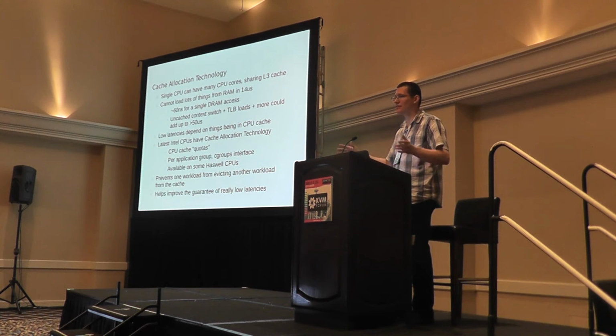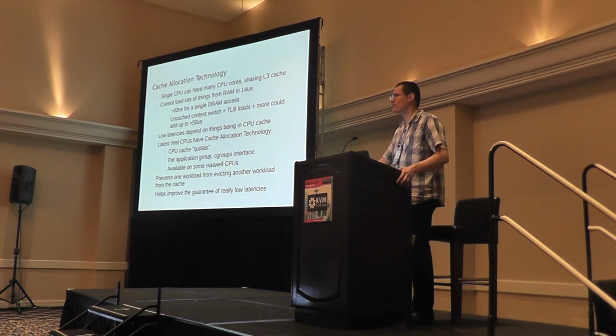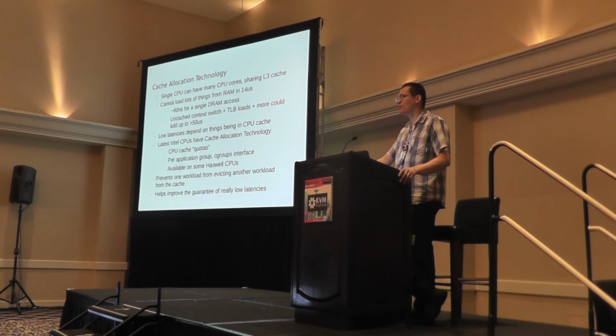It's just easy to add up all those latencies to something exceeding 20 or 30 or 50 even nanoseconds, whatever your deadline is. So we're at the point now where low latency real-time actually depends on data being in the CPU cache. If your data is not in the CPU cache, you might be unable to meet your deadline.